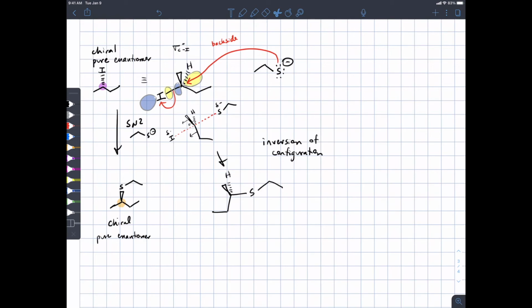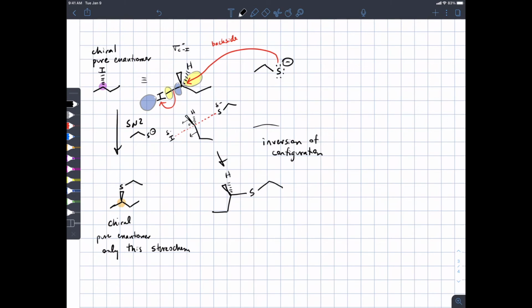The configuration is different, but you had a stereocenter in the starting material and it was all of one configuration, and in the product you still have a stereocenter and it's all of a certain configuration. All right. That can be somewhat difficult to see. And yes, by enantiomerically pure, I mean the product has only this stereochemistry.